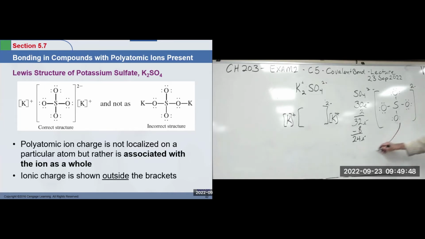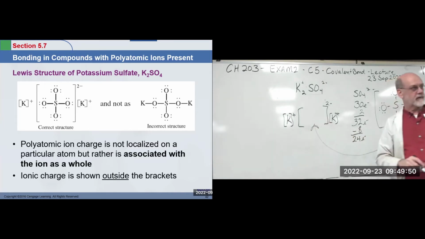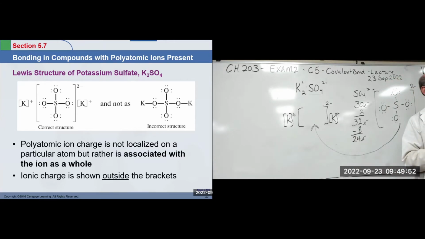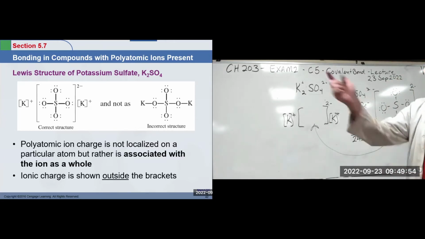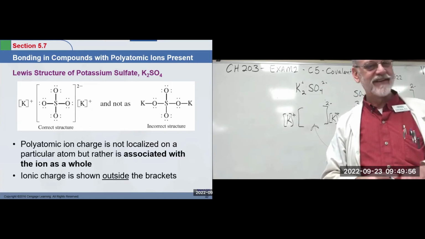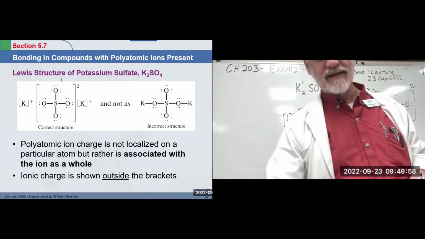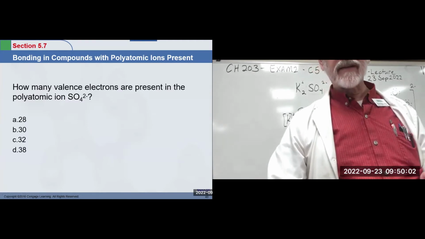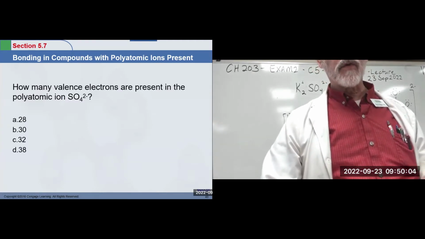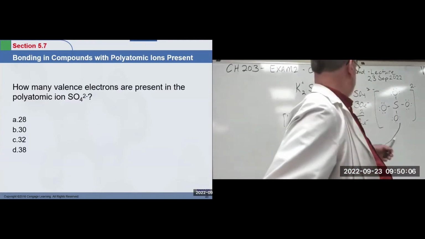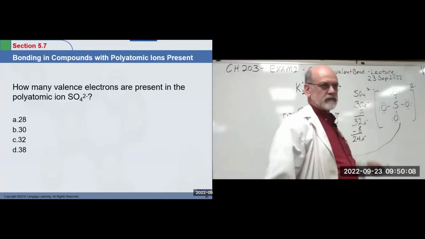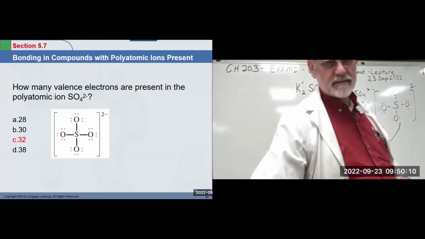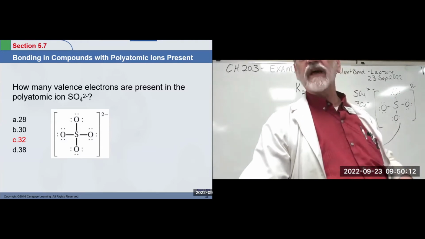So that would go right there. And that's what the picture shows. How many valence electrons are present in SO4 2 minus? Well, we counted them up. 32. I should have put that slide first.